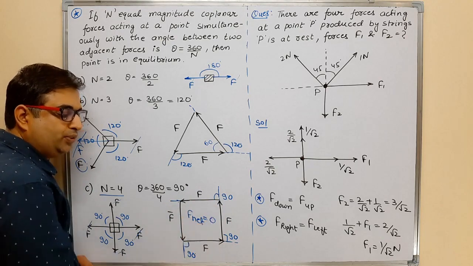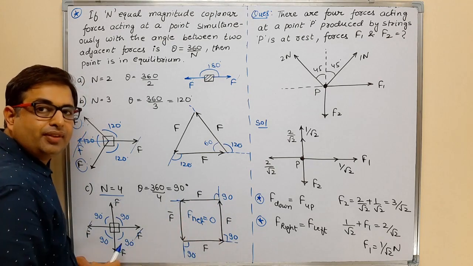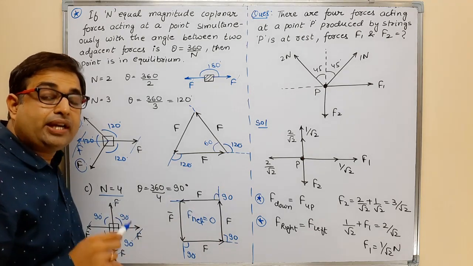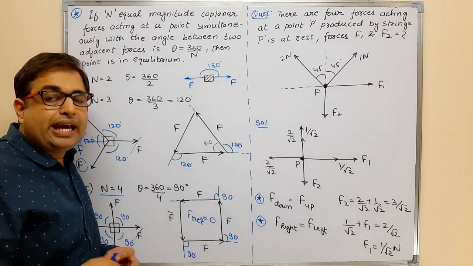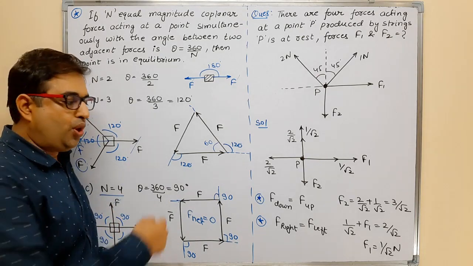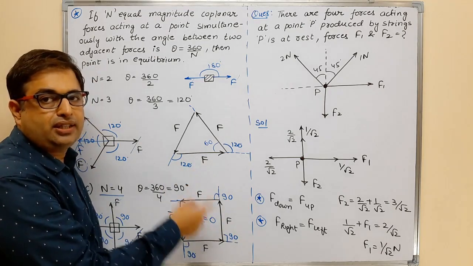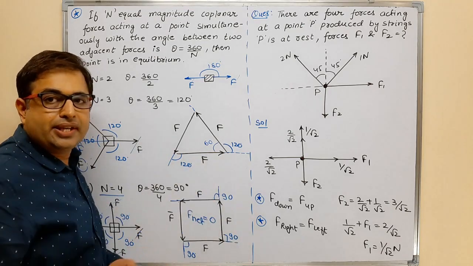Net force is 0. Angle between the two vectors is 90 degree. Right? Similarly, if there are 6 equal forces acting at 60 degree angle, then the resultant will be 0, or you can form a regular hexagon, again a closed loop, resultant is 0.